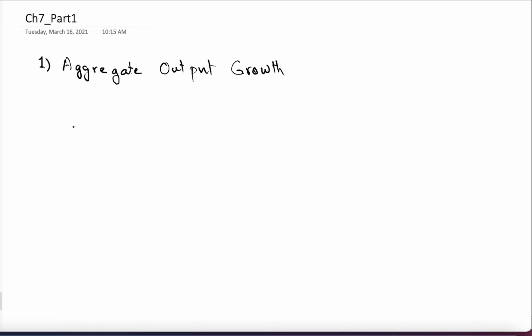That's the number one we want to understand in macroeconomics. Number two, unemployment rate. Why sometimes it's very high, why sometimes it's very low. And number three, the inflation rate.